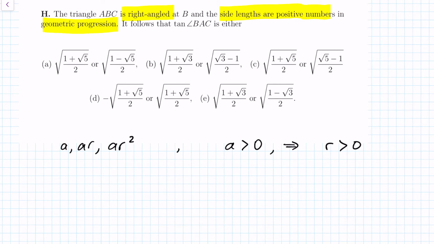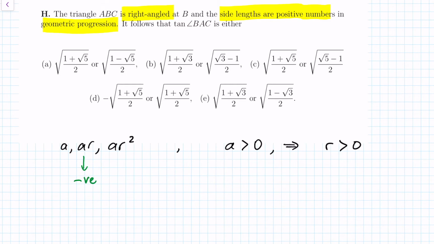Since A is positive, if R is negative, AR would be negative, and since AR is one of the side lengths of the triangle, that can't happen, so R has to be positive, right? The next challenge is to consider whether R is between 0 and 1, or if R is greater than 1.